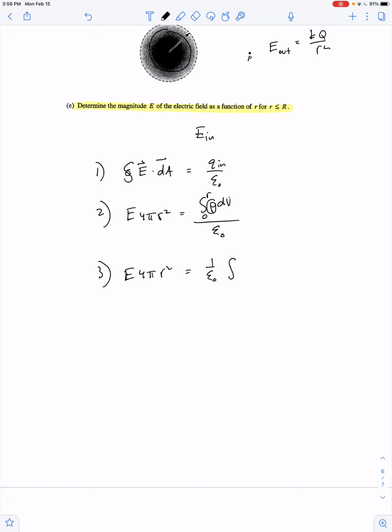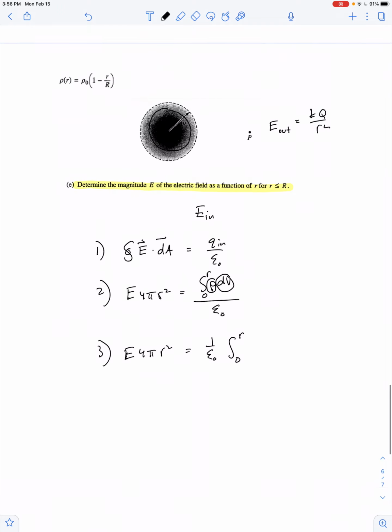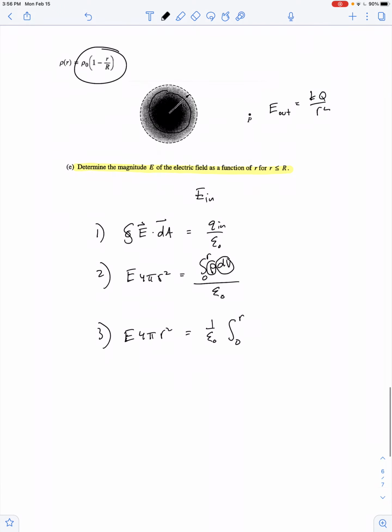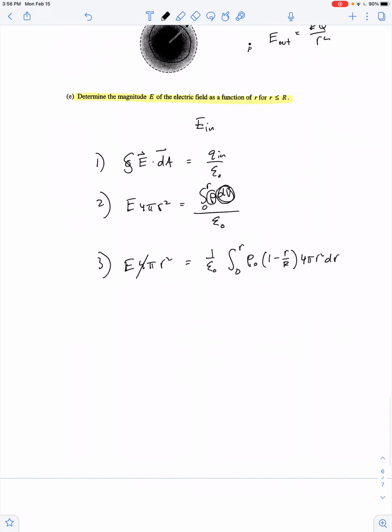Now we got to make 2 substitutions here. For rho, we substitute this expression, rho naught times 1 minus lowercase r over capital R. And we need to substitute for dV, 4 pi r squared dr. We can cancel out the 4 and the pi.